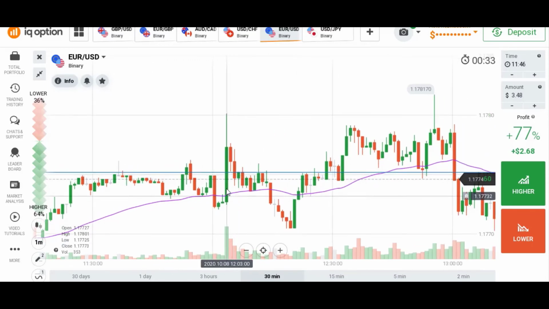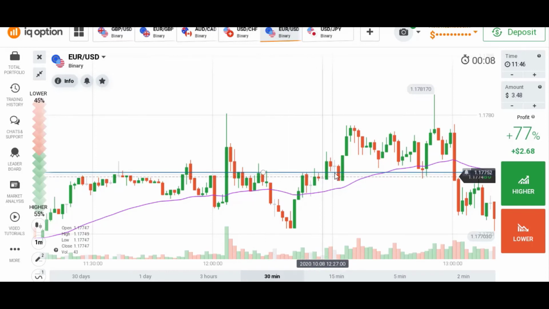Yes, this broke the SNR level. This bullish candle exactly closed at this level, and the next candle goes down. This is working every time. This resistance level acts as a support.